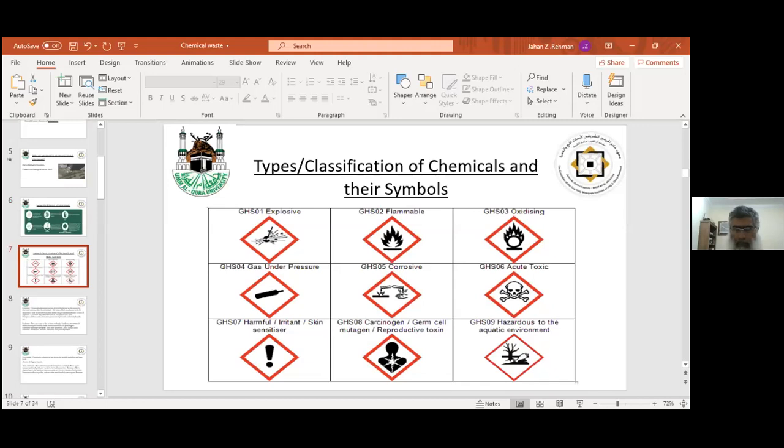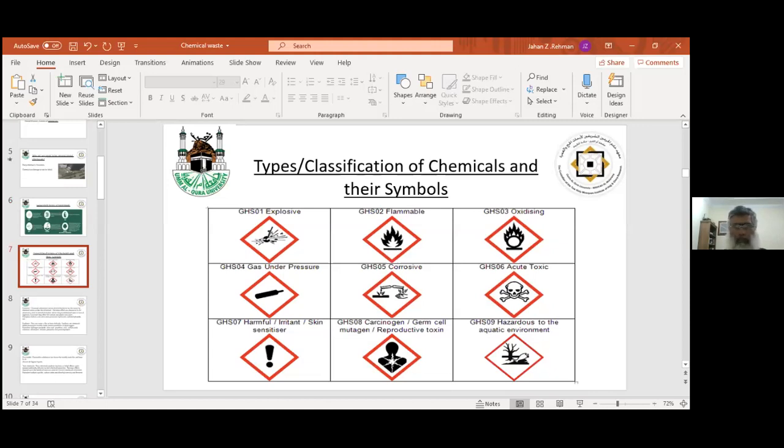Then this is the symbol for flammable, meaning the container with this symbol has liquid or things which are highly flammable. Flammable means they catch fire, they are willing to catch fire. A general example is gas: in our homes we use a cylinder, and the gas inside is a flammable gas, so it loves to catch fire.